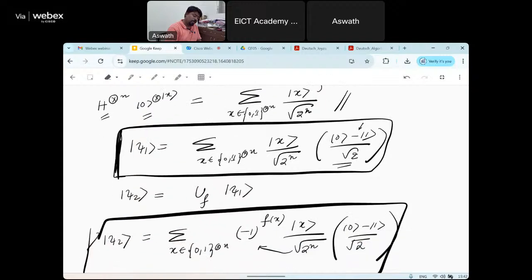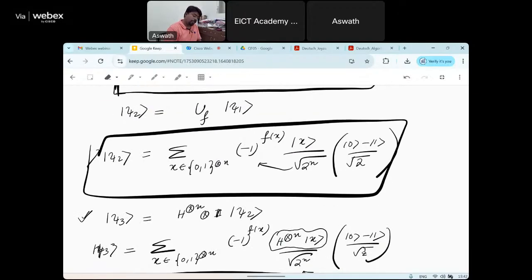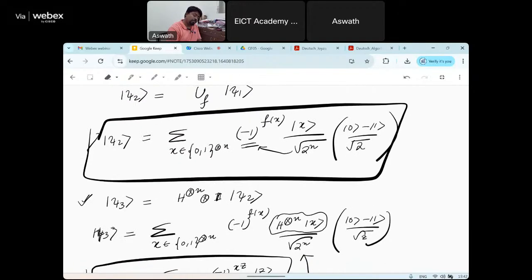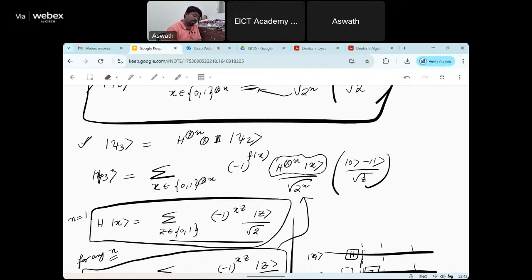And then I want to find psi2. Psi2 is the unitary acting on psi1. By the way, we saw yesterday that the only difference is minus 1 to the power of f of x coming into the equation. Keep that aside. Let's try to find psi3. Psi3 is n Hadamards acting on the query, nothing acting on the ancilla.